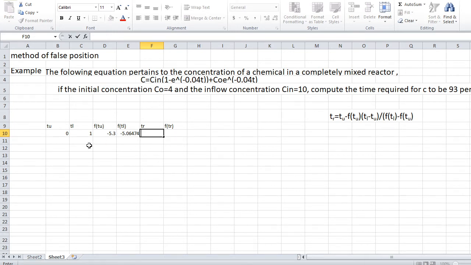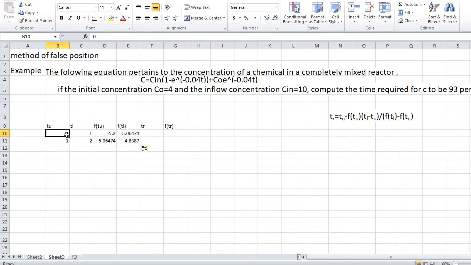So first of all we will find such initial guesses so that we get opposite signs of the function at the given intervals. So let our next guess be 1 for T of U and for T of L we have 2. Then let's see what is the value of this function.